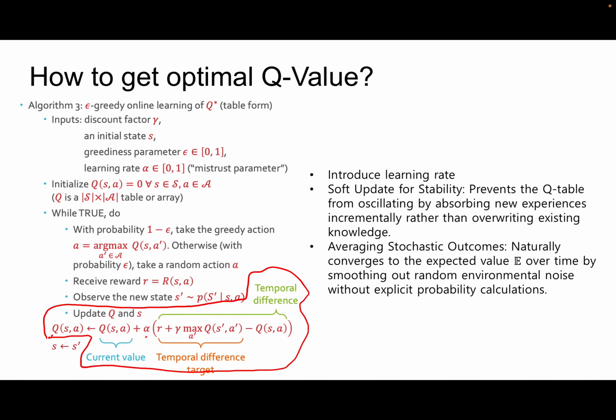So the current value is what we've learned so far, and this is a temporal difference, right? It's like gradient descent. From the current value, we have a learning rate, and then this is a delta, the temporal difference. R plus gamma max Q(S', A') is a new one that we've learned from what we've explored.